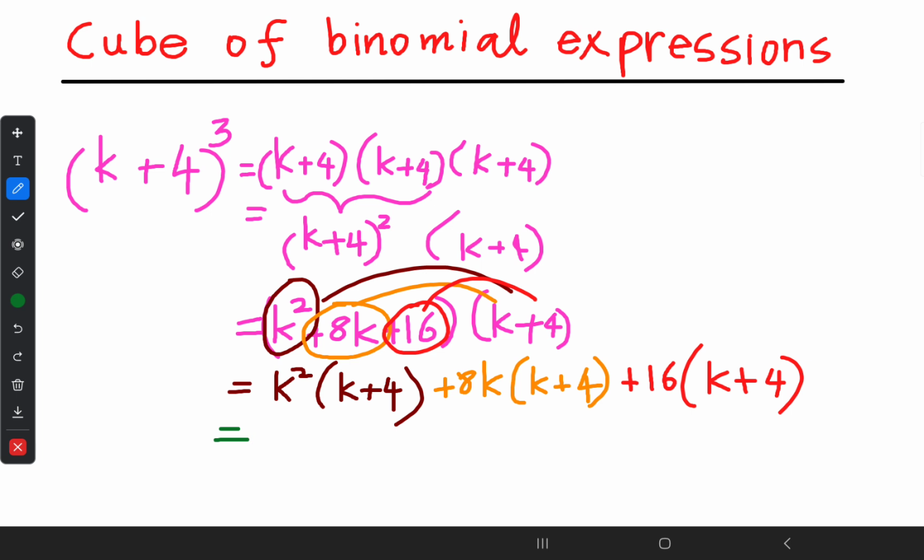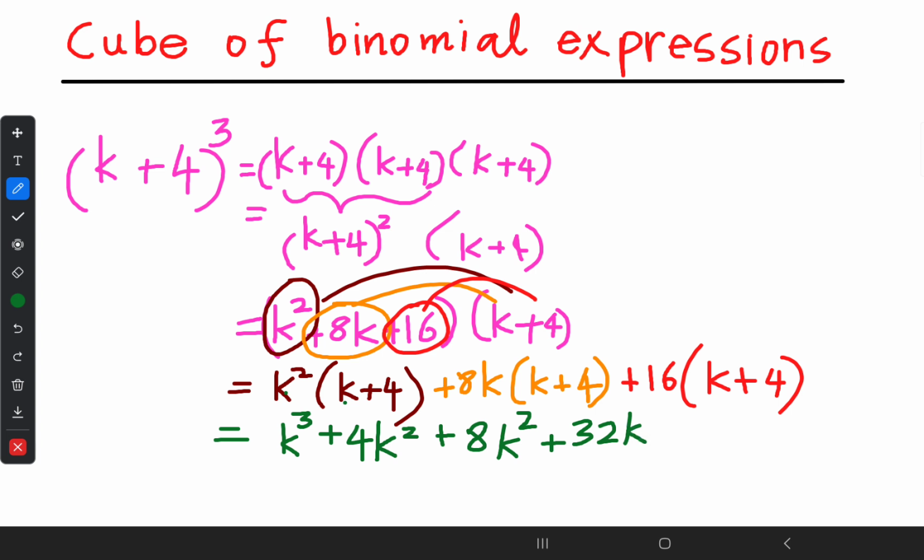Now let's expand this expression. K square multiplied with k is k cube. Then k square multiplied with 4 is 4k square. 8k multiplied with k is positive 8k square. 8k multiplied with 4 is positive 32k.